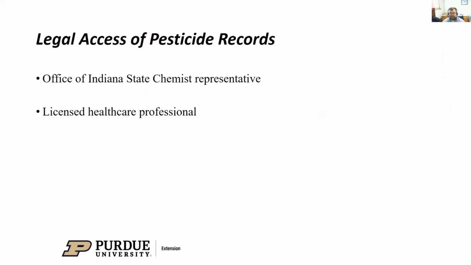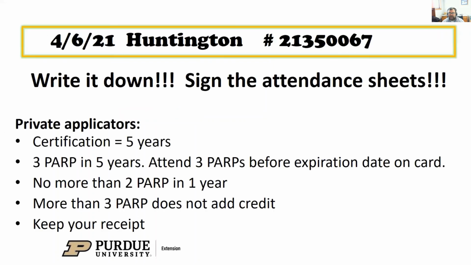And just again, the legal access for pesticide records: if the state chemist wants to come by, you need to be able to have those records available for them. And if there's some kind of situation or emergency, a licensed healthcare professional does have legal access. So that's the real quick details of manure and fertilizer applications.